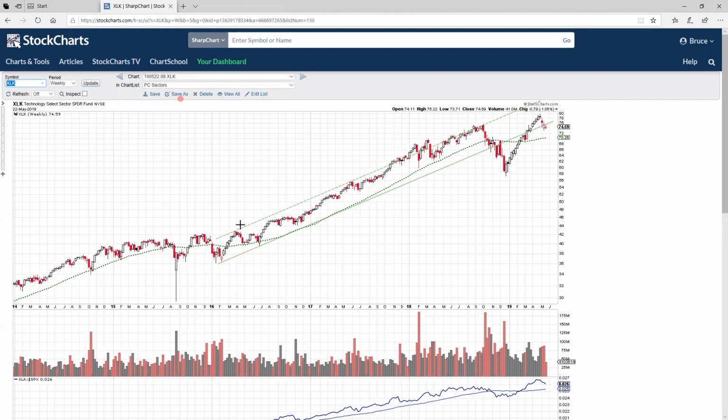Then there's an overbought line that's parallel that's drawn on this point right here, and you can see overbought, touches here, overbought, comes back in, and then hugs the overbought line until the weakness of the fourth quarter of 2018, and then an outright failure down and out.